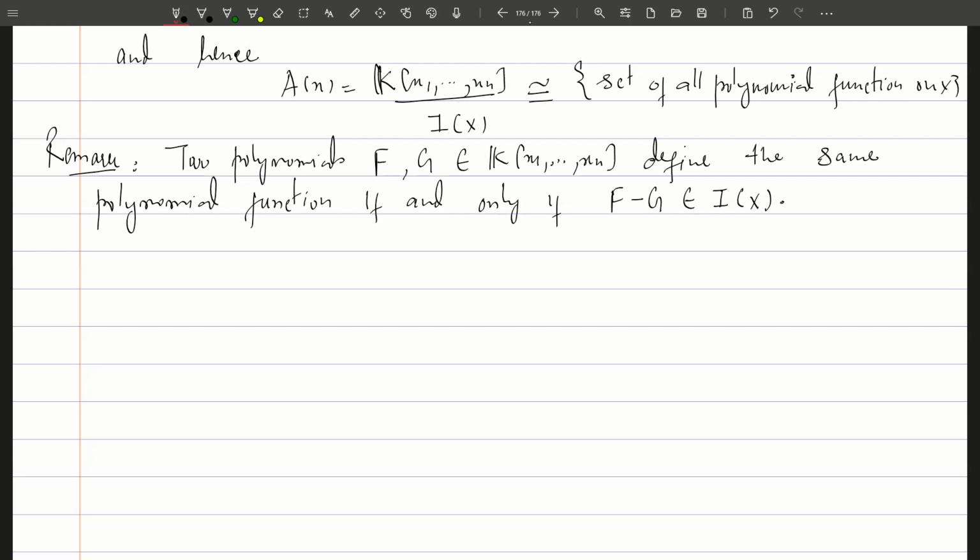So let us prove this. Suppose the difference of the polynomials is in the ideal of X for some f and g in the polynomial ring.